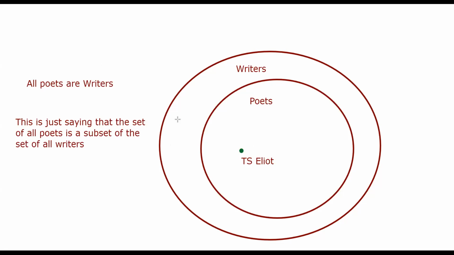And then if someone is in the writer's circle, they are not necessarily in the poet circle, are they? You can have people who are writers, but not poets. And the example I used was Stephen King. That's a person who's a writer, but not a poet. Shakespeare would be both, because Shakespeare wrote many sonnets, 90-something sonnets, I think, somewhere in that ballpark.